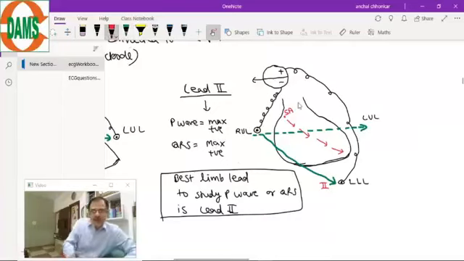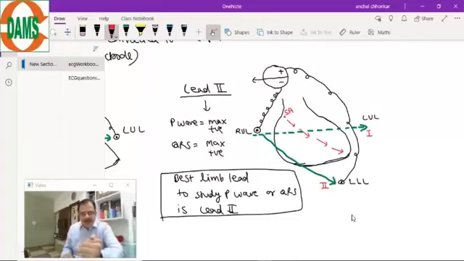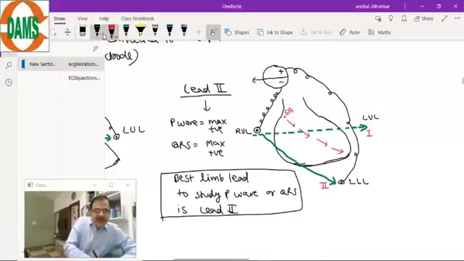Look at the broken arrow. The broken arrow is lead 1, and lead 1 was located at the 0 degree axis. So from lead 1, the direction of lead 2 is this direction.